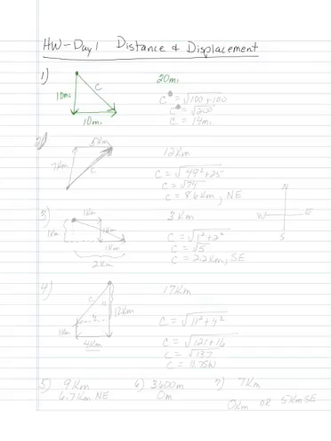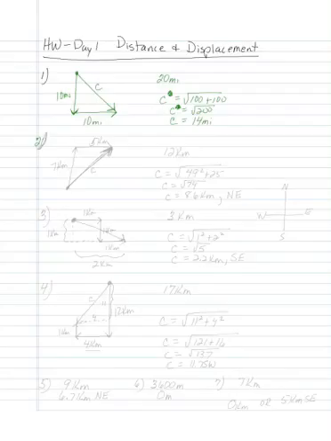Since I have a right triangle, I can use the Pythagorean theorem. So I'm going to have 10 squared, which is 100, plus 100, the square root of 200, which is about 14 miles.